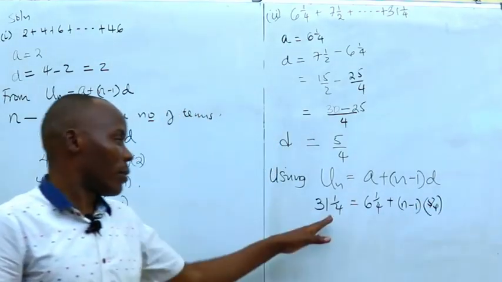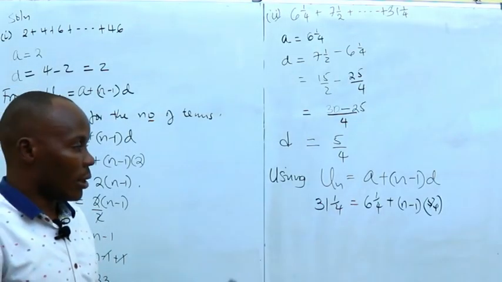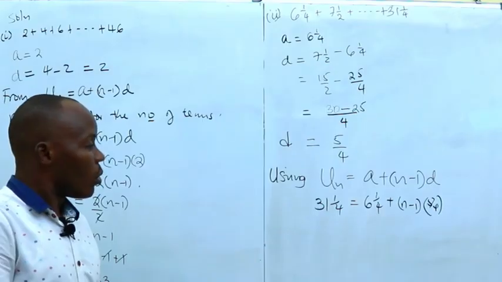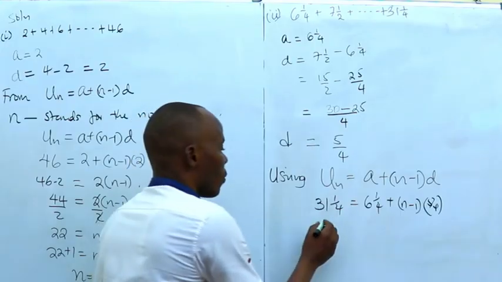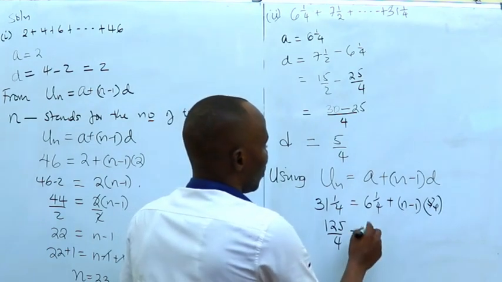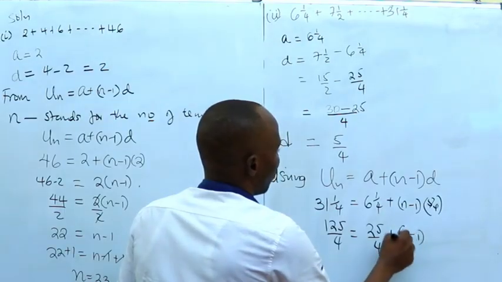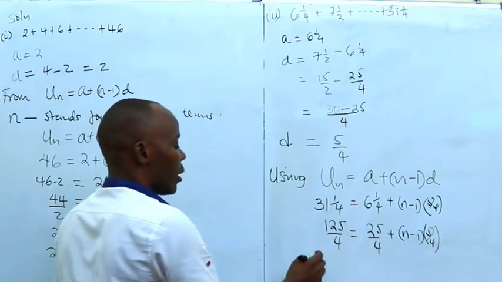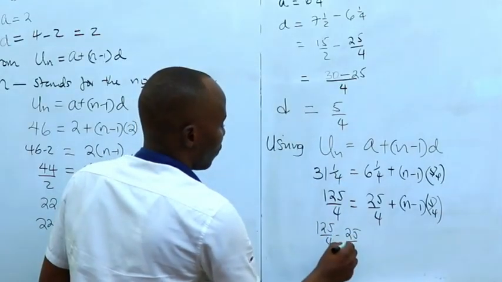You can put it as an improper fraction. You have 31 times 4 giving you 124 plus 1, that one will give you 125/4. 125/4 is equal to 25/4 plus n minus 1 into 5/4. So if I bring this one this side, this is 125/4 minus 25/4.